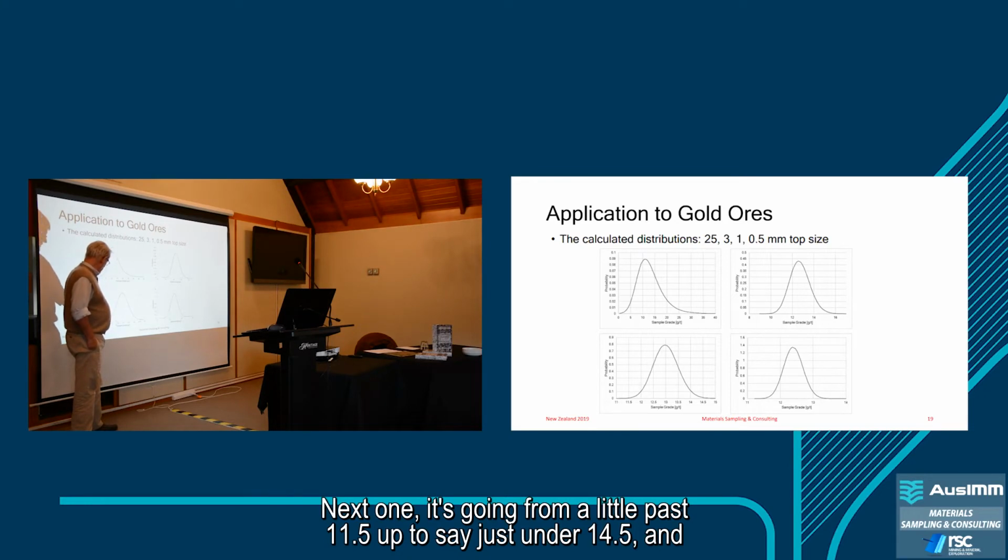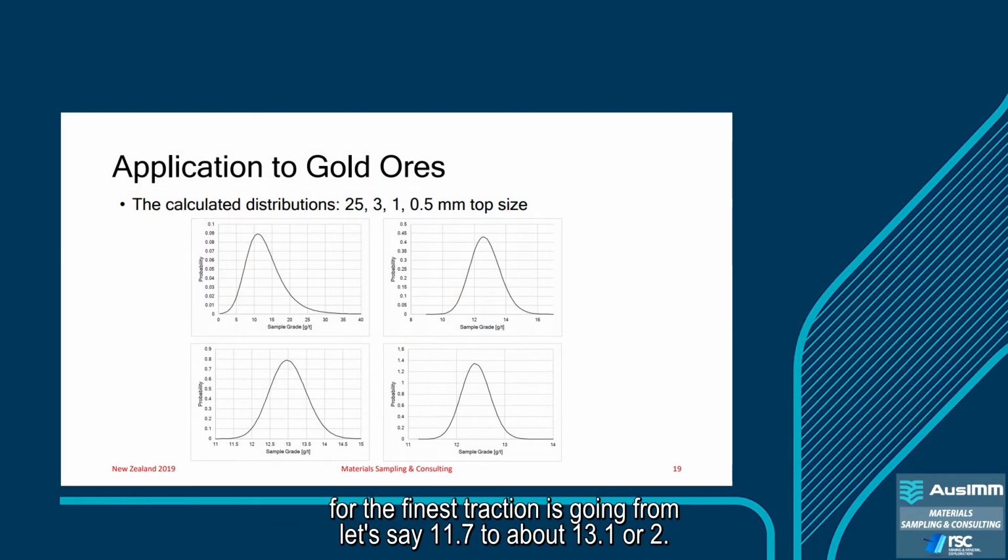Next one, it's going from a little past 11.5 up to, say, just under 14.5. And for the finest fraction, it's going from, let's say, 11.7 to about 13.1 or 13.2.